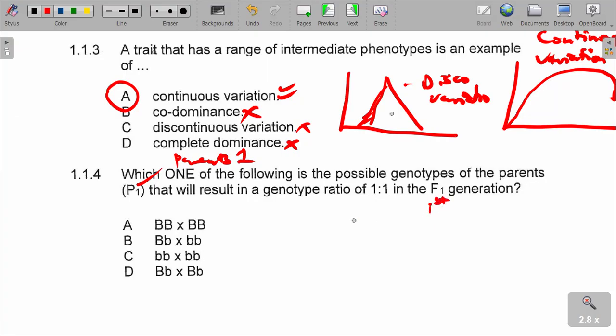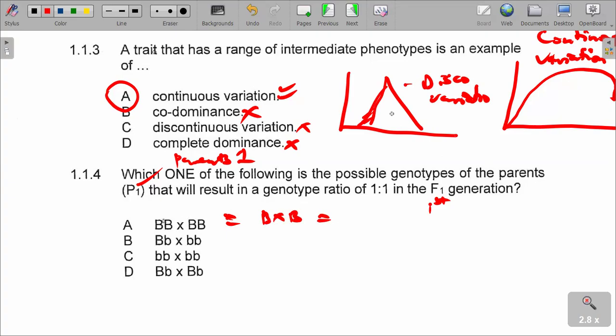We are quite aware of genetic flow diagrams. If we cross BB times BB, what is it going to give us?